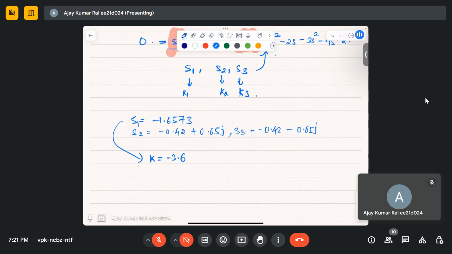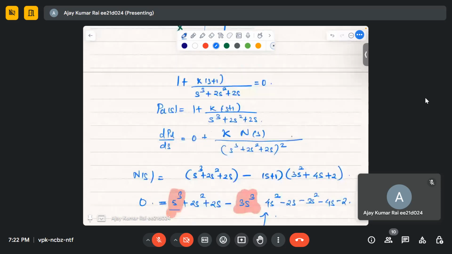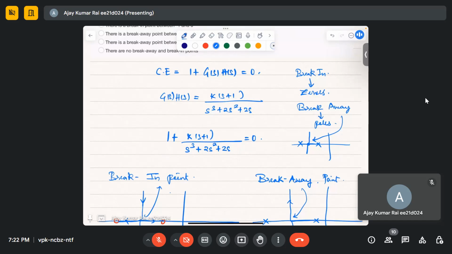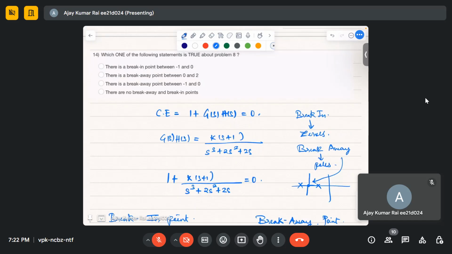Similarly, if I do this for the other two roots s2 and s3, I'll get k2 negative, and k3 will also be negative. So what can I conclude? There exists no break-in and no breakaway point.